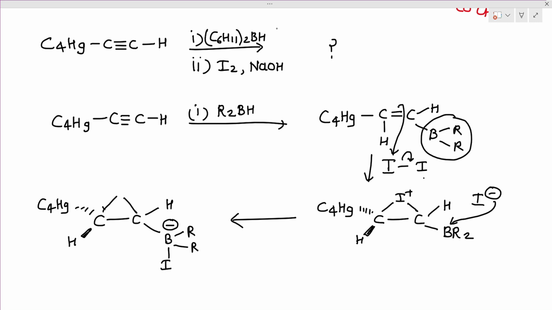And here this is iodine and there is a positive charge. Now you can see this is a 3-membered ring, so there will be strain on it. So what will happen? This R group will move on this carbon and this bond will move like this, so that this ring will open.